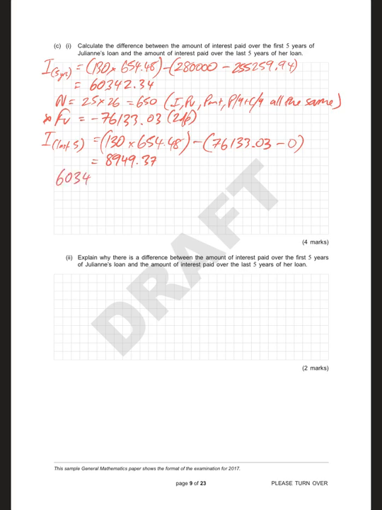So 60342.34 minus $8949.37. It gives $51,392.97.